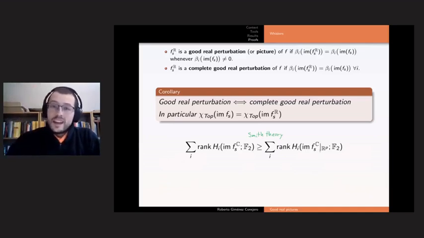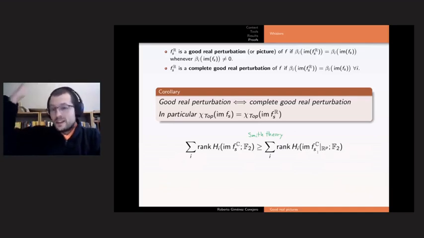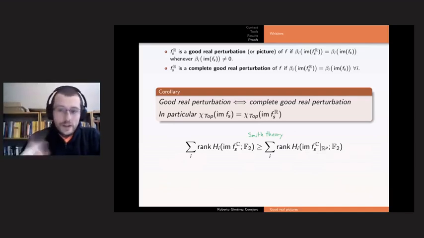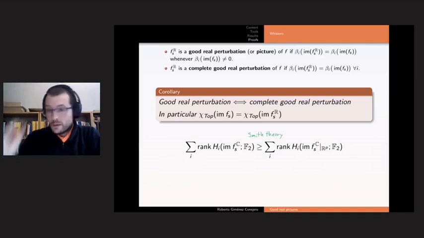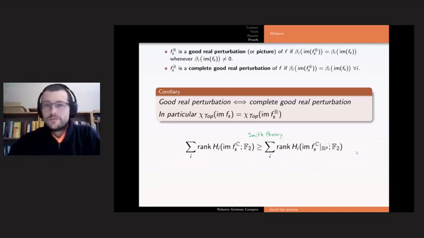So you have the image of the complex intersected with the reals. This is not the same as the image of the real map, because you also have the whiskers. The whiskers are also in the intersection with the reals. So you have this thing, modulo 2 all the time.